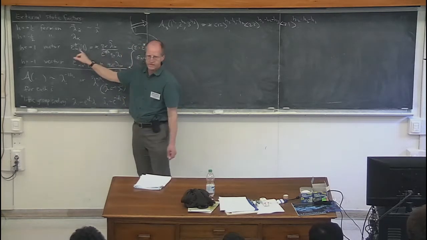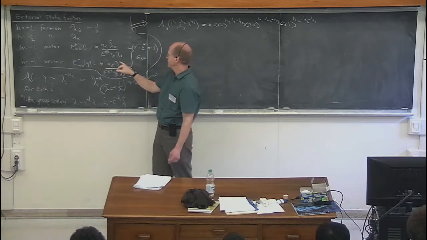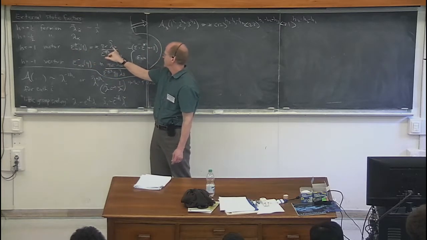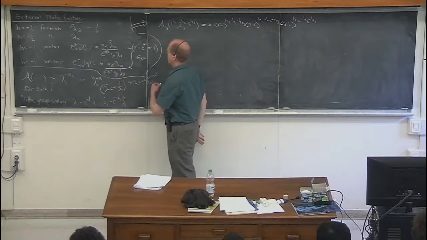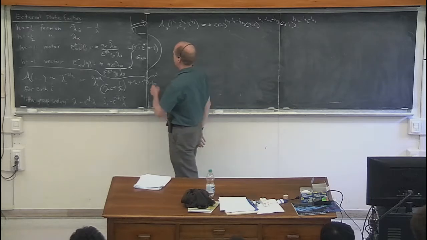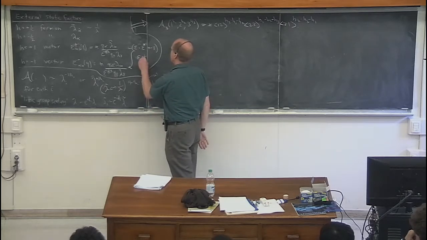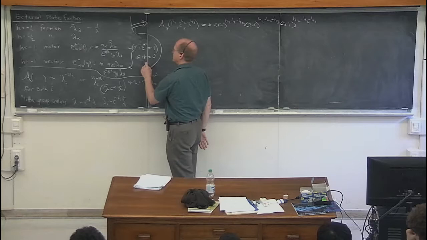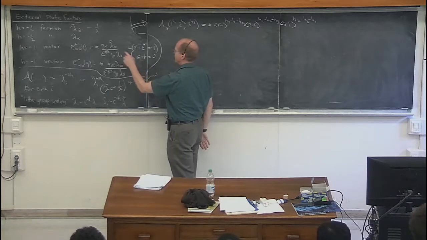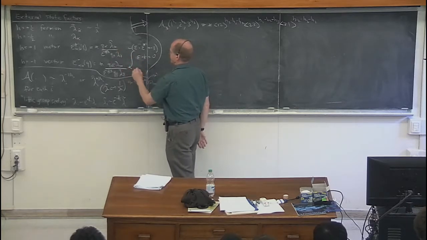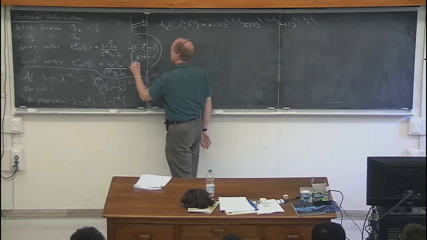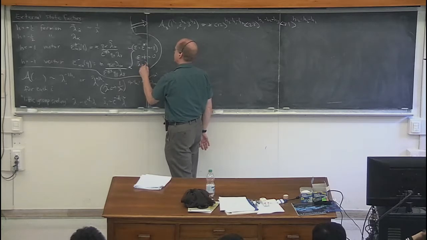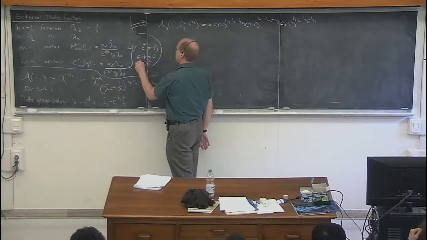I wrote down a formula for the vector polarization yesterday, which has a lambda tilde in the numerator. And I asked you to check that it was transverse. So that means that epsilon dot k is 0, where k is lambda alpha lambda tilde alpha dot. So basically what happens when you do this contraction is this lambda tilde alpha dot gets contracted with a lambda tilde beta dot that comes out of the k.